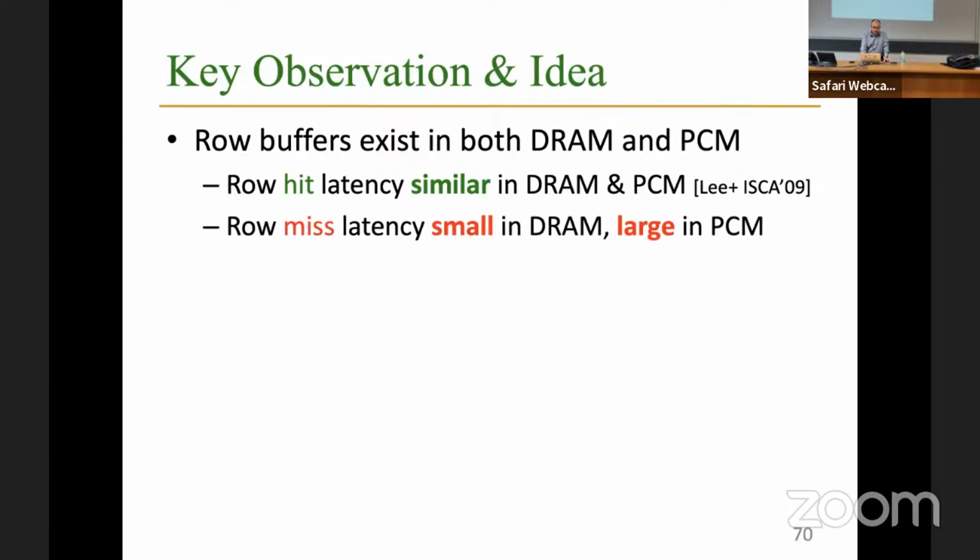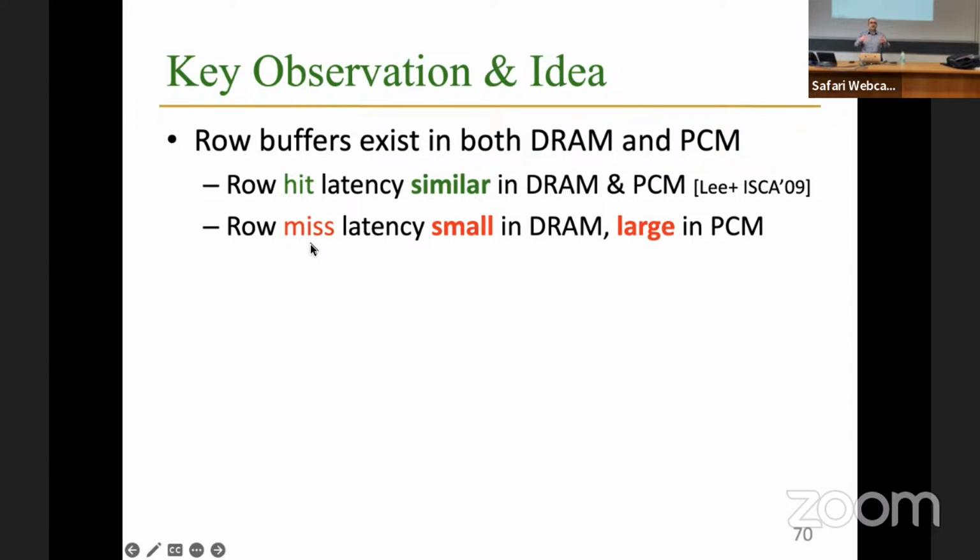And here are more details about it. Row buffers exist in both DRAM and PCM. So row hit latency is similar in DRAM and PCM. However, row miss latency is small in DRAM and large in PCM. So that's why row conflict is costly for PCM, and that's why you don't like random accesses.